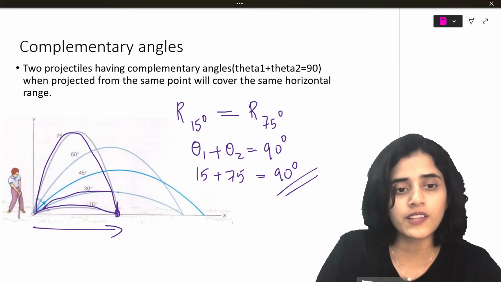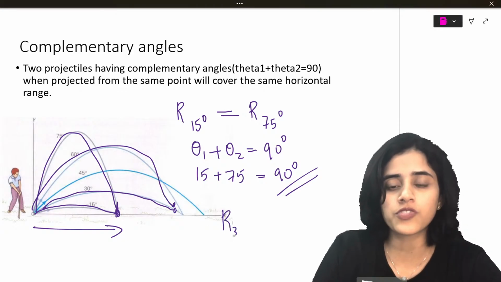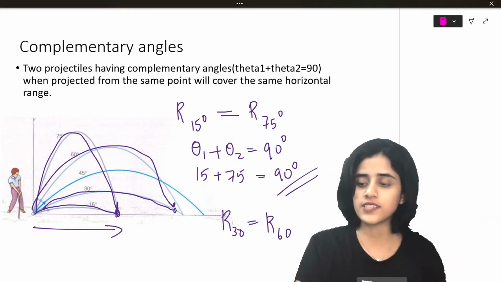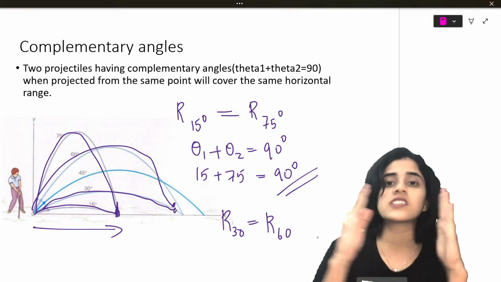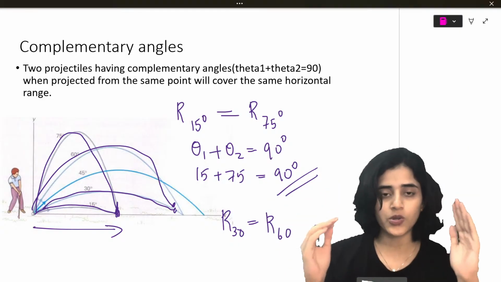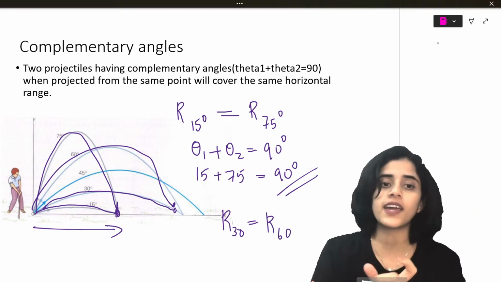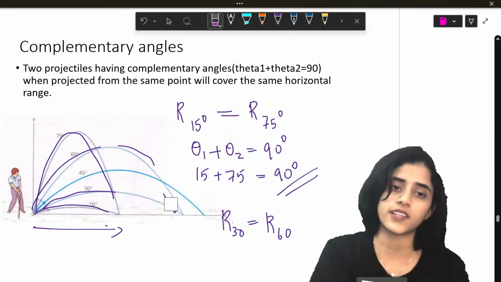Now here I can give you another example. This is 30 and this is 60. So R of 30 is equal to R of 60. Here also theta 1 plus theta 2 is 90. So complementary angles is when you have two projectiles that have the same horizontal range. The criteria for complementary angles is theta 1 plus theta 2 should be equal to 90 degree.